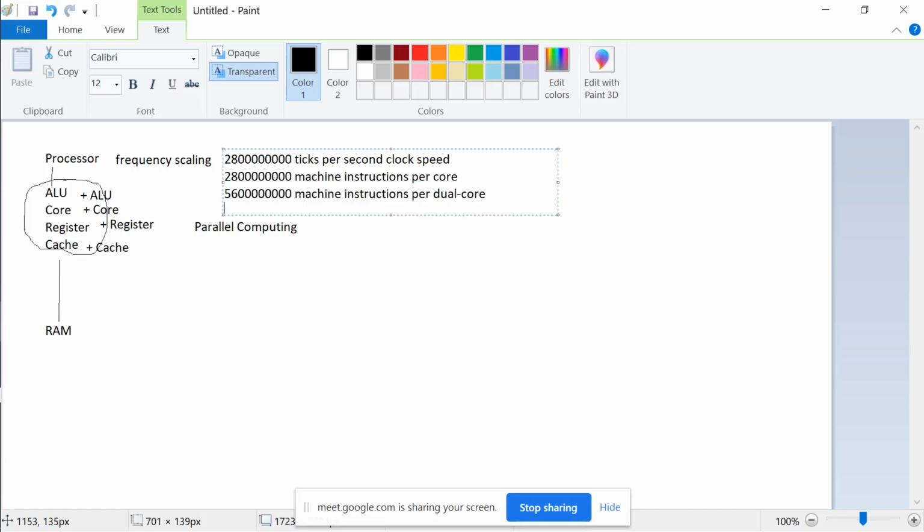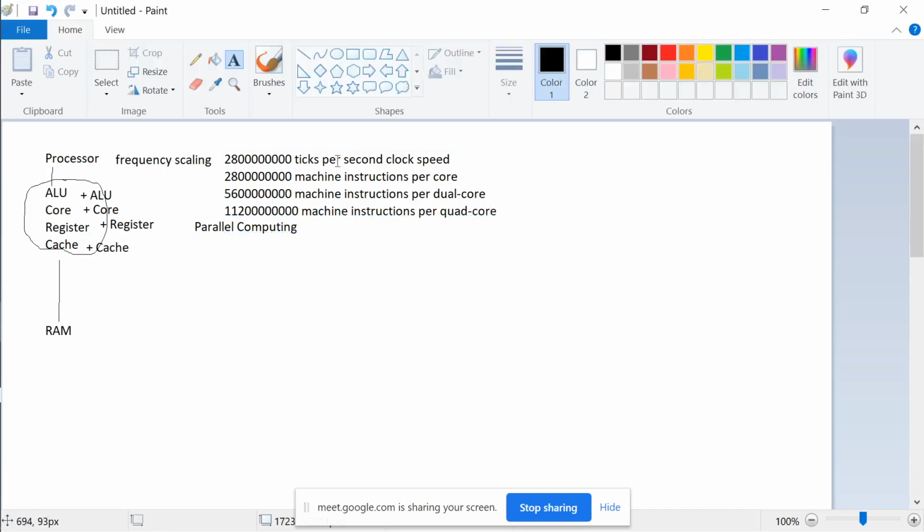And if it is a quad core, we are going for 4 times, right? 4 8s are 32 machine instructions per quad core.